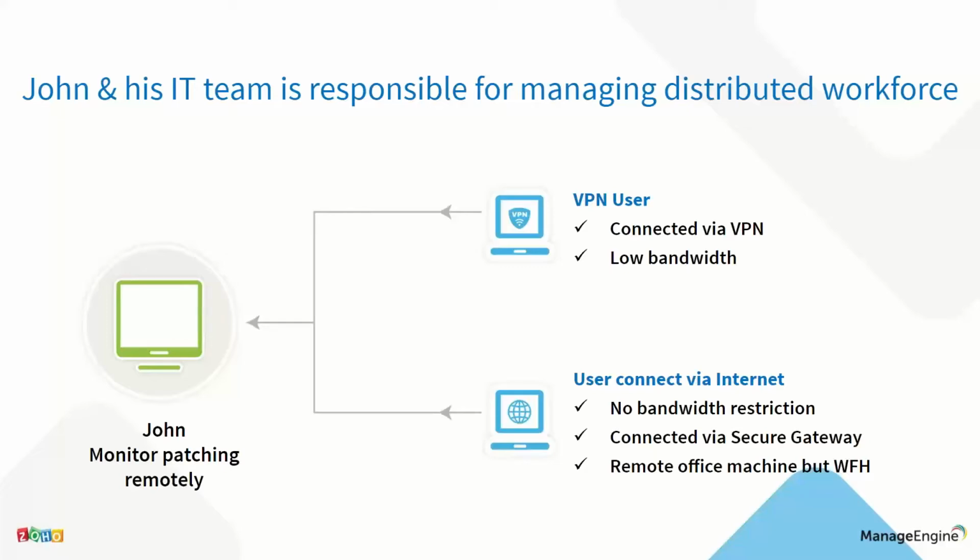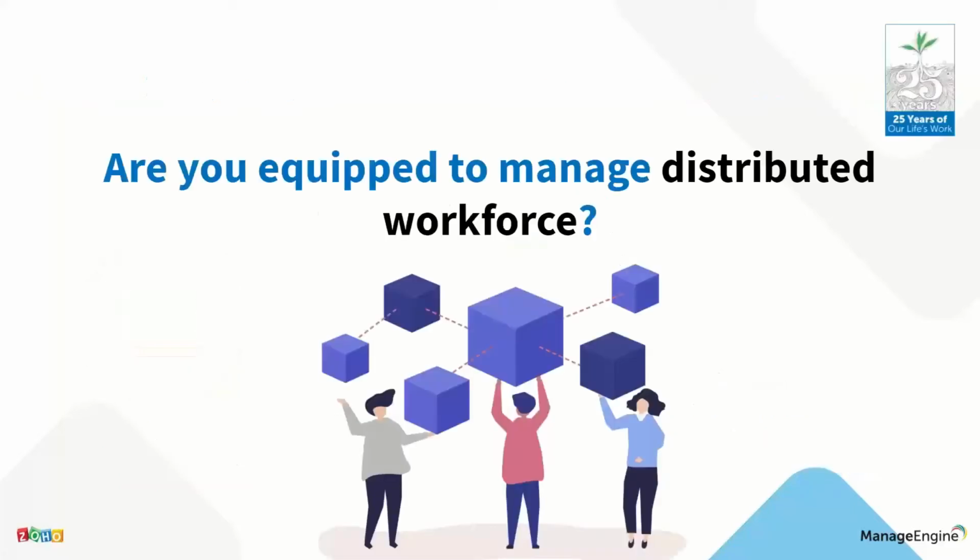If you fall under either of the categories, the team should be able to manage those infrastructures as well. We do have some challenges during work from home, but you should effectively be able to secure and manage your endpoints. With this infrastructure in mind, the question goes to John: are you equipped to manage a distributed workforce? Let's look at how we can go ahead and manage and secure this workforce.